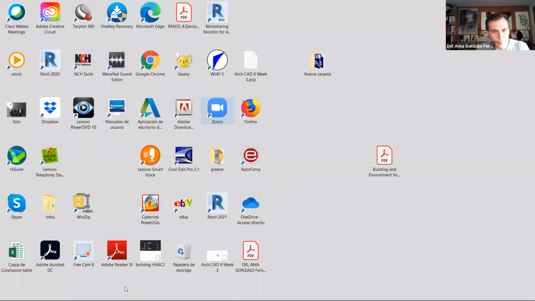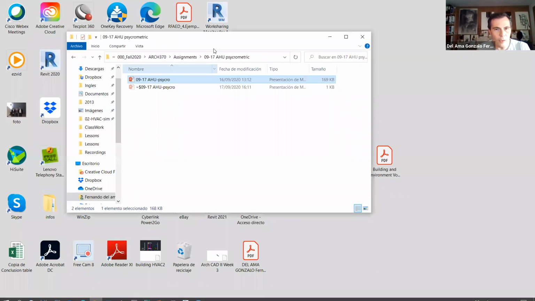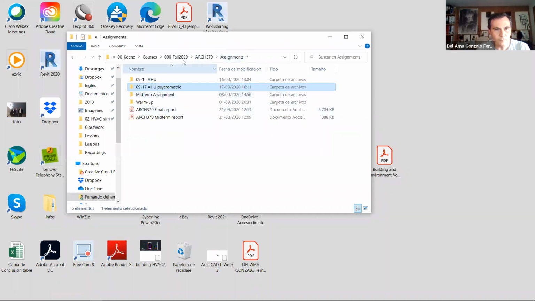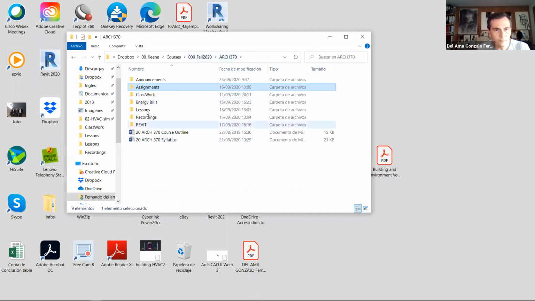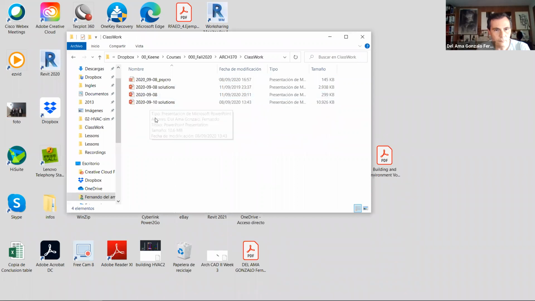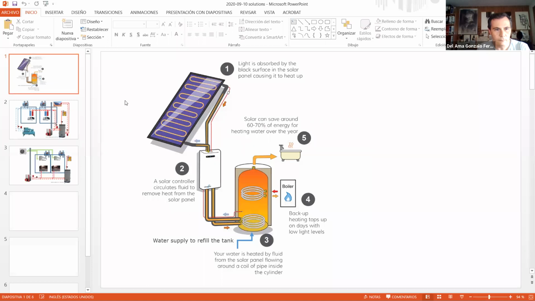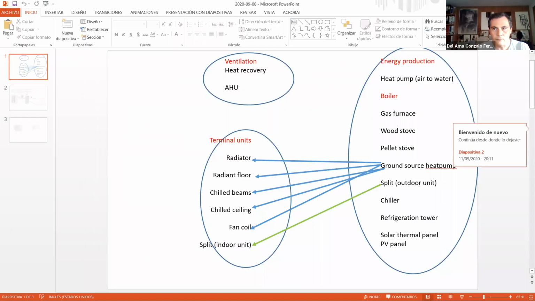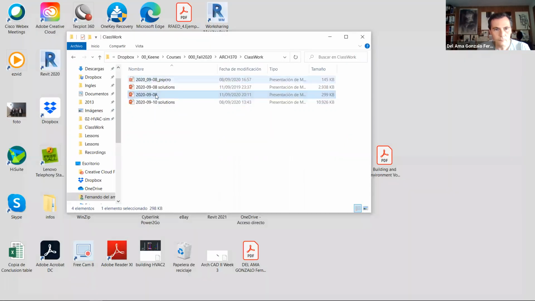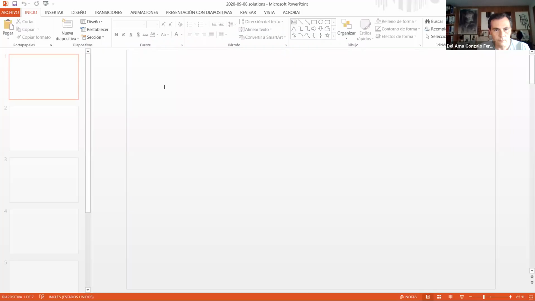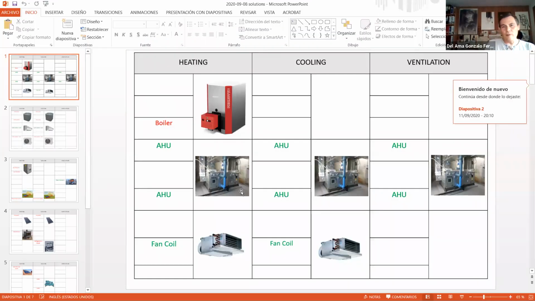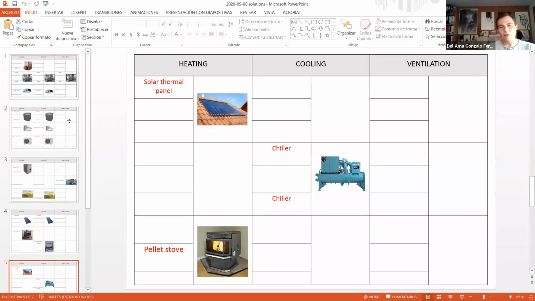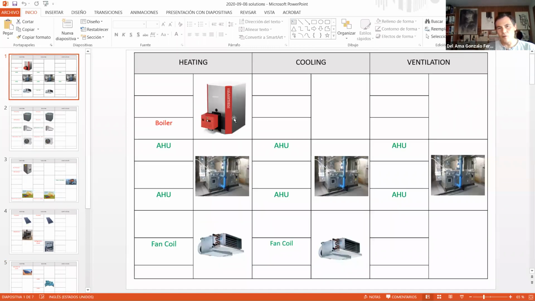So if you open this chart with all the things that we are going to use, we can use a boiler here.